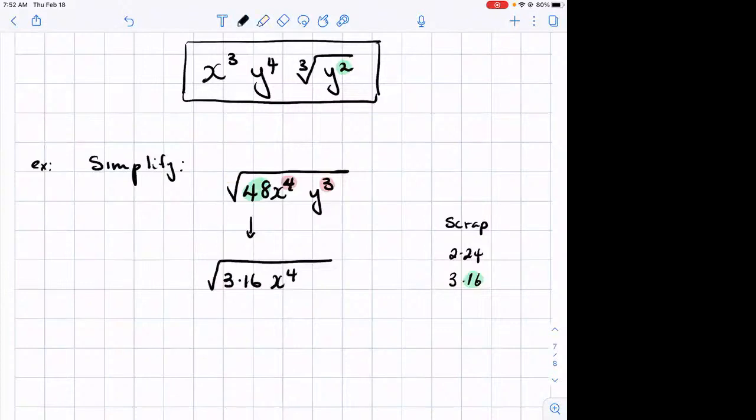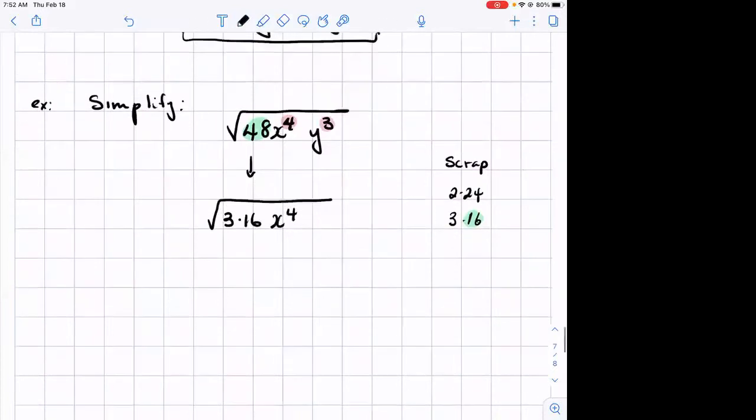So we can rewrite y cubed as y squared times y to the 1. So we have y squared times y. And notice that I have to extend this line to cover everything.